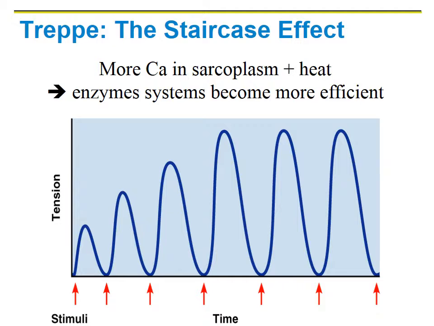This time, more and more calcium is entering the cytoplasm like before. But we are also generating some heat, which is warming the muscles and making everything more efficient. Treppe occurs when you walk before you run or when weight training in repetitions per set.